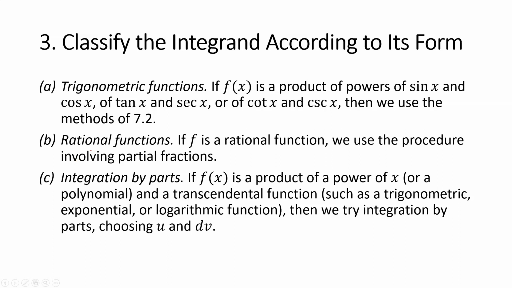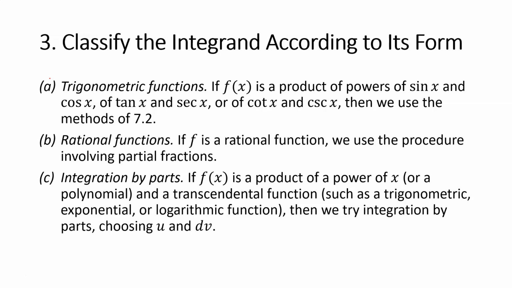And then once we've done those two maneuvers, then we can try and classify the integrand according to its form. And this might clue us into some other technique that would be useful for evaluating the integral. And in this case, we have some strategies for dealing with trigonometric functions.